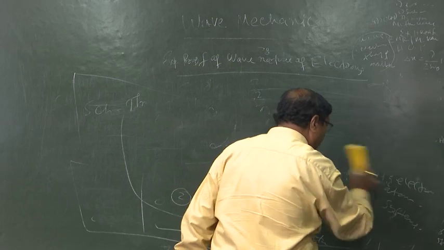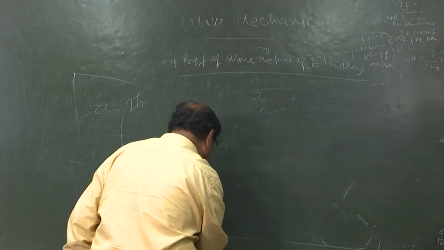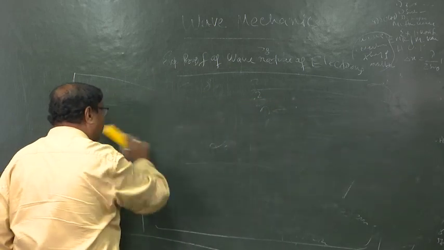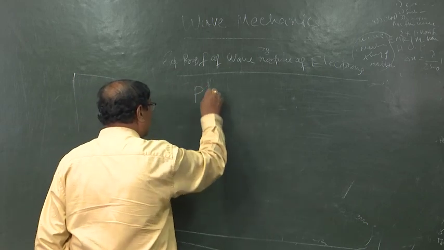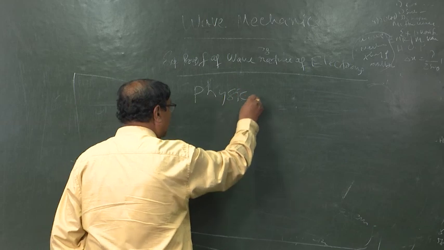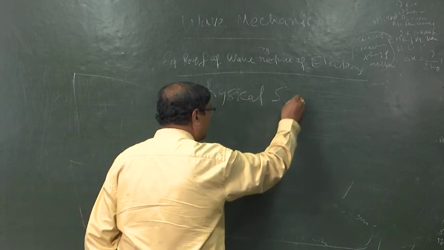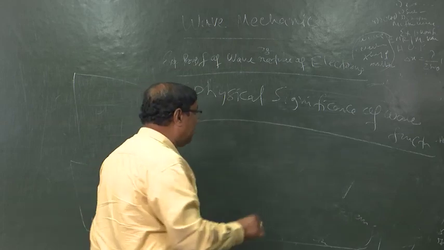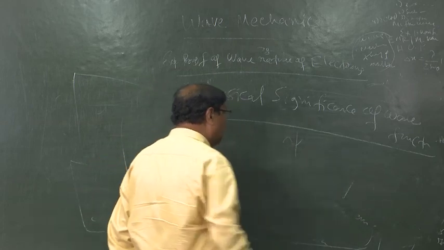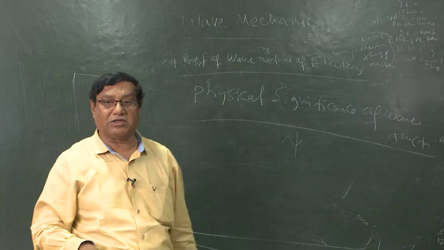Now, let us see what the physical significance of the wave function is. That means, what is the significance of the wave function which is used in Schrodinger's wave equation?